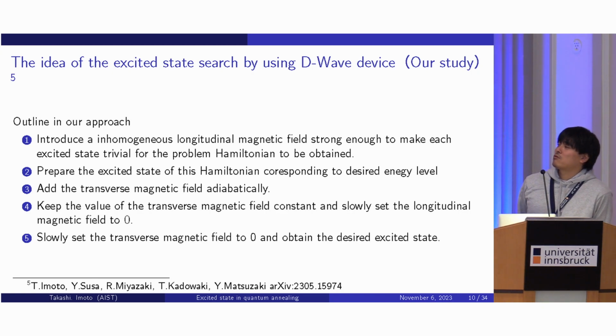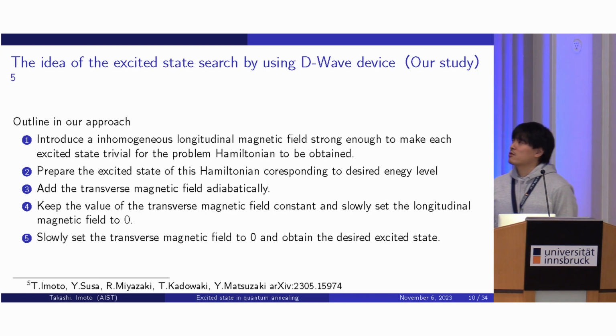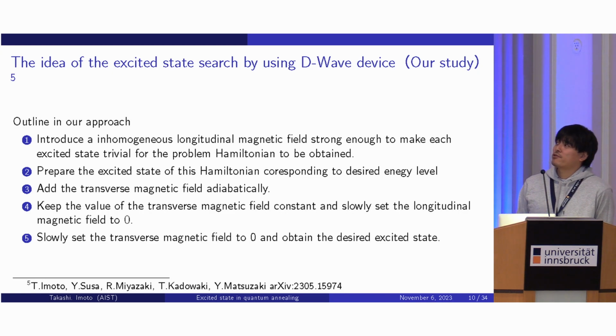Next, we keep the value of the transverse magnetic field constant, and slowly set the longitudinal magnetic field to 0. Finally, we rotate the transverse magnetic field to 0 and obtain the desired excited state.